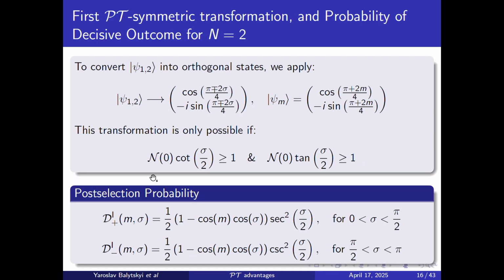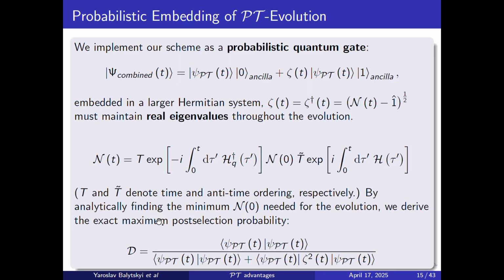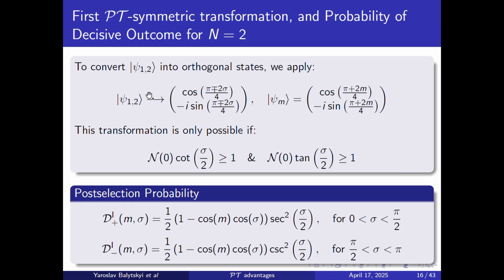As an example, let's first describe the first PT-symmetric transformation. You take two of the states and you put them on north and south, right? To do that, we found, not numerically but analytically, that this transformation is only possible if such a condition is met.